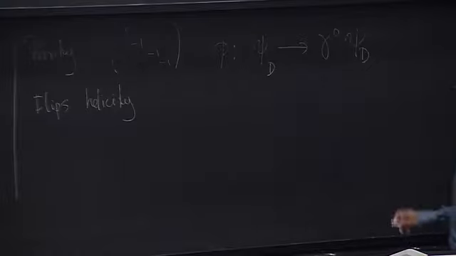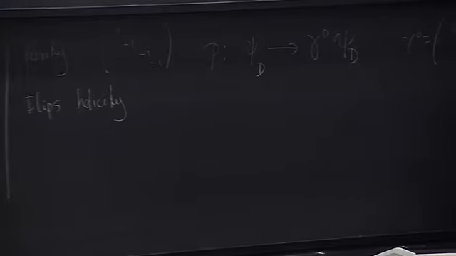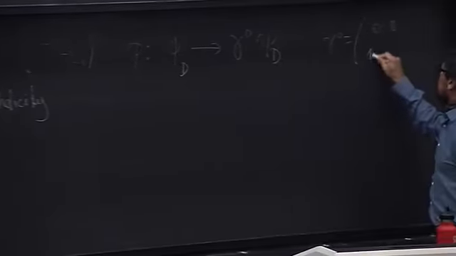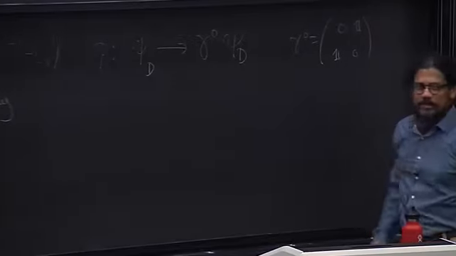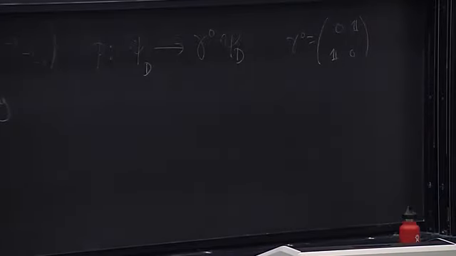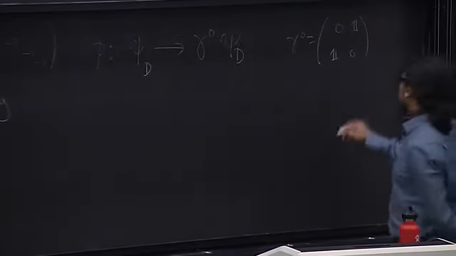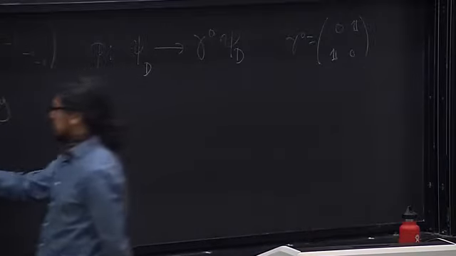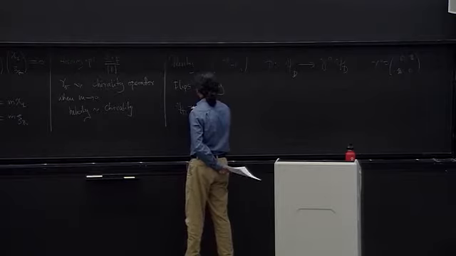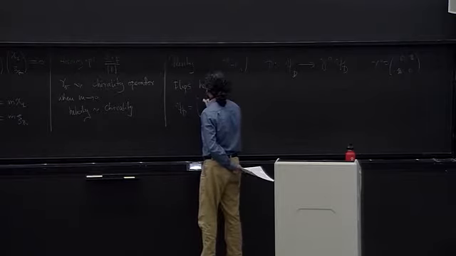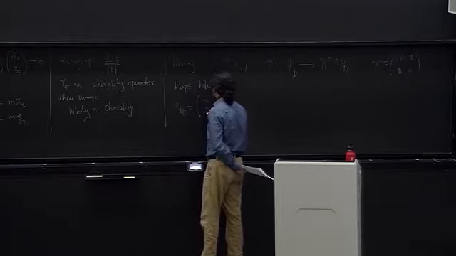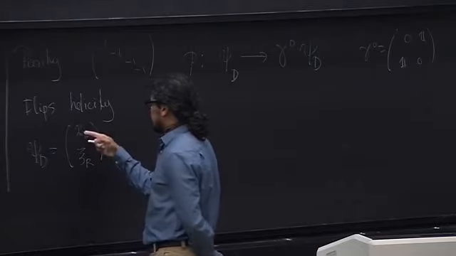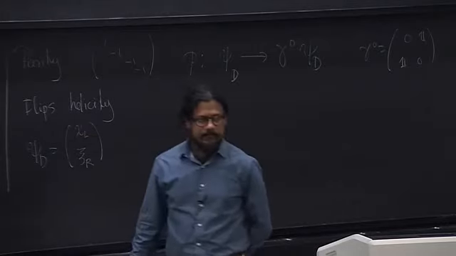Why? Because recall that gamma 0 in the Weyl or chiral basis has this off-diagonal block form. Therefore, if you apply it to the Dirac spinor, which in the chiral basis takes this form, then it flips this guy and this guy.